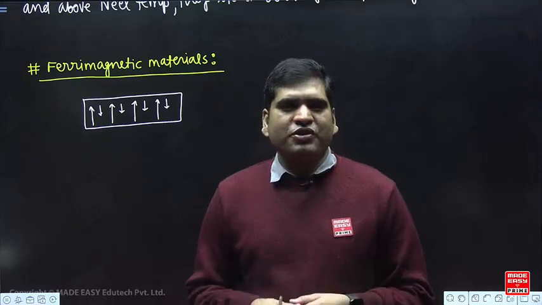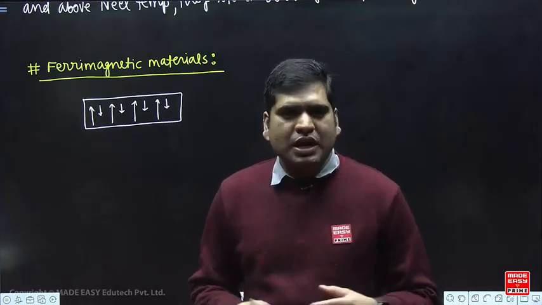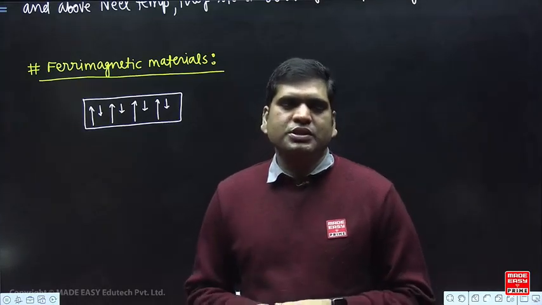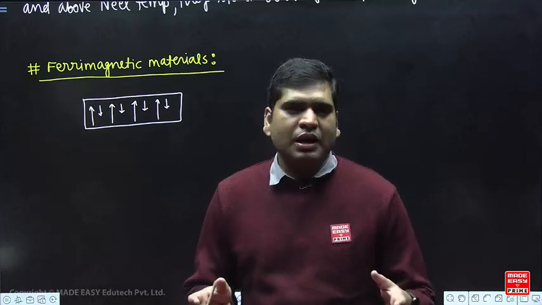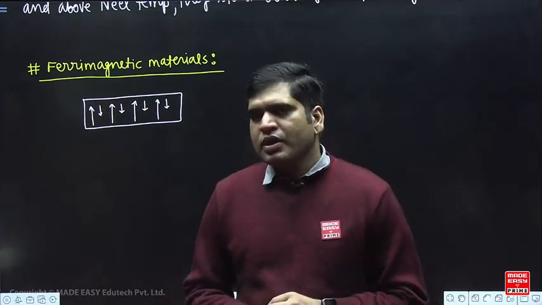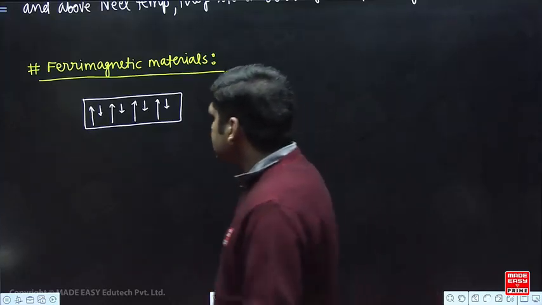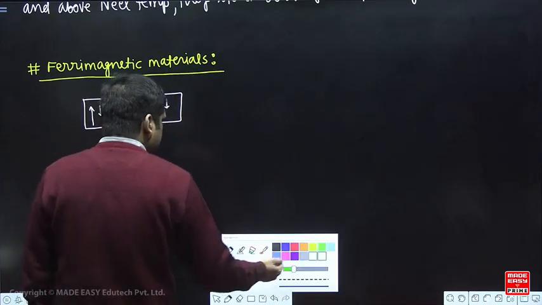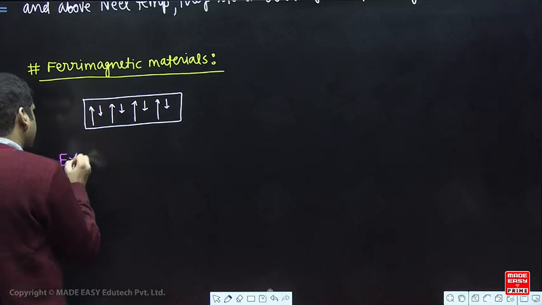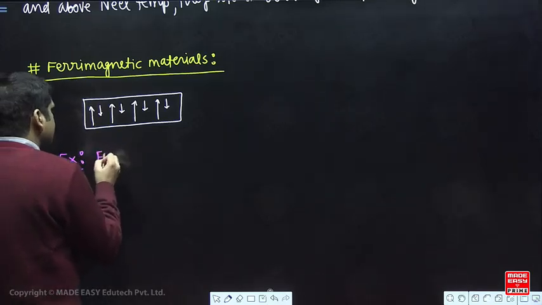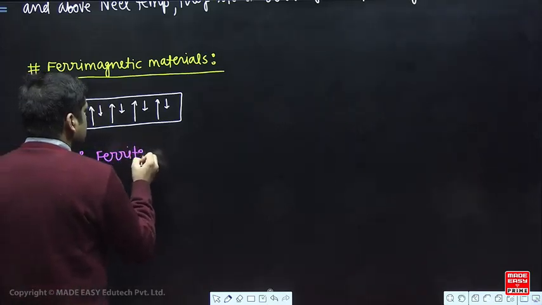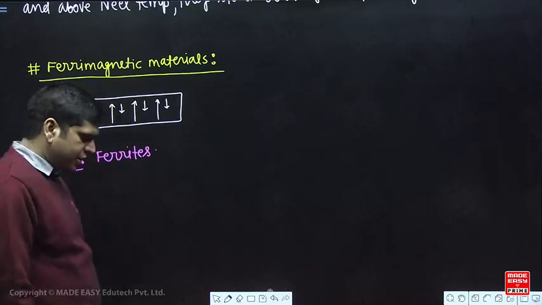When you increase temperature, at Curie temperature, all these dipoles will become random, and these materials will also start behaving like paramagnetic materials. But one very important thing which needs to be observed: these are generally oxides of metals. The examples are ferrites, and ferrites are generally oxides of various metals.